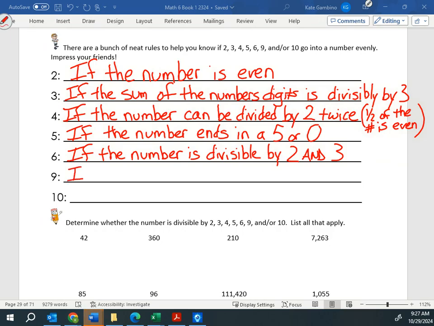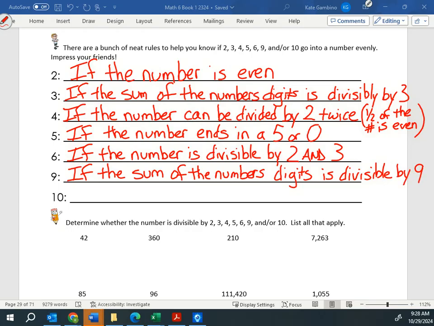9 is if the sum of the number's digits is divisible by 9. So just like when we looked at the 3, we added up the digits to see if it was divisible by 3.